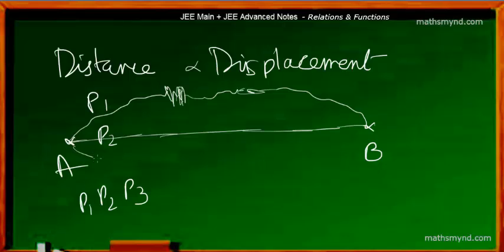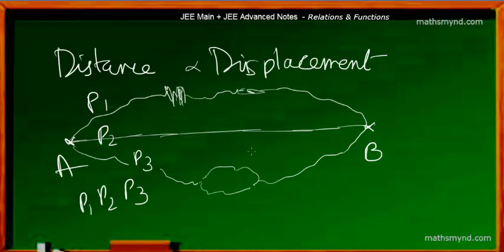And there's the third person who is actually more adventurous, and maybe reaches a lake, maybe has a picnic place, things like that, and after some time reaches B. So you can see that there are three persons starting from point A, and all of them are reaching point B. But the displacement of all the three persons is equal, but the distance covered is different.